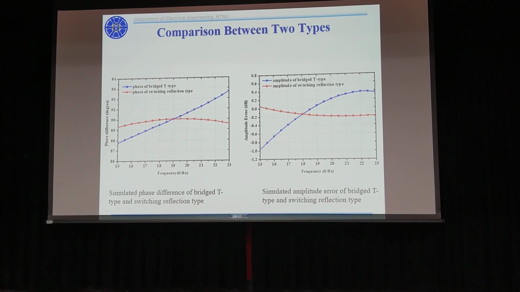The right figure is the simulated amplitude error of bridge T-type and switching reflection type from 15 to 23 gigahertz. We can find out that the amplitude error of the switching reflection type is flatter than bridge T-type too. So we choose the switching reflection type for our 90-degree phase shift bit.